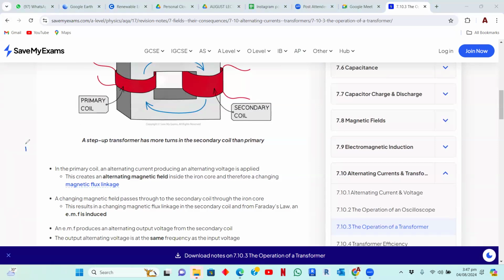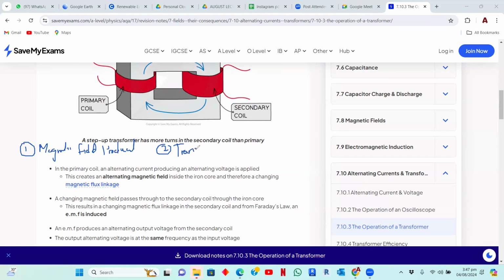So if you want to categorize it, number one, what's happening at the primary coil is that a magnetic field is being produced. We need to understand that the field is being produced. The second step is the transfer of that field.